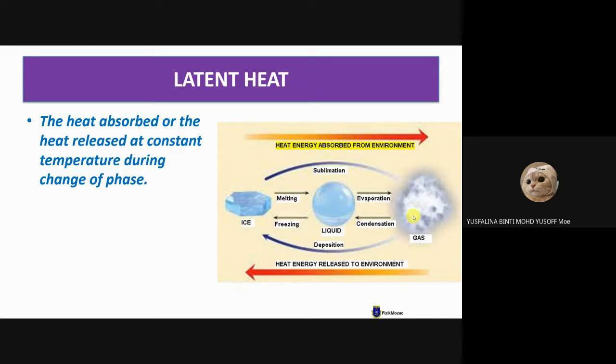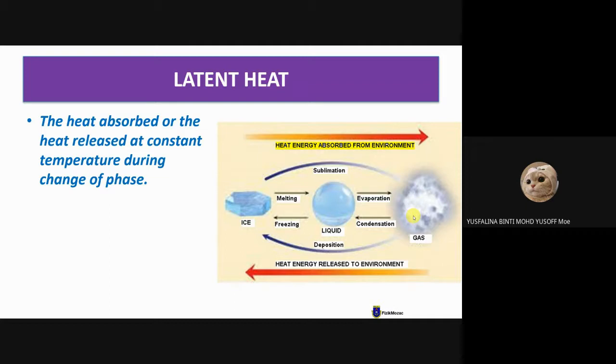So remember, for the latent heat, all the heat that is absorbed or released is actually used to change the phase, whether solid to liquid, liquid to gas, or gas to liquid. And the temperature must be constant because all the heat energy is used to change the phase. So there will be no increase in temperature.